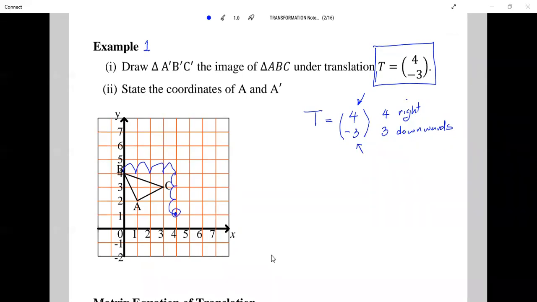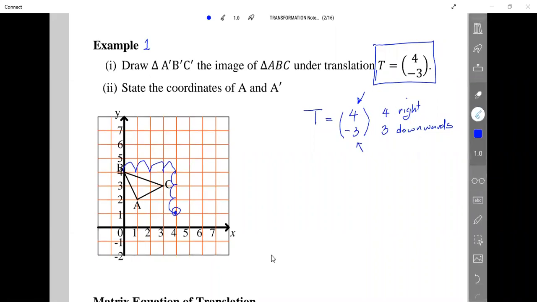So if I move B 4 units to the right and 3 units down, the new position of B is going to be (4, 1). All right, so this is the new position of B. I'm going to call it B prime.